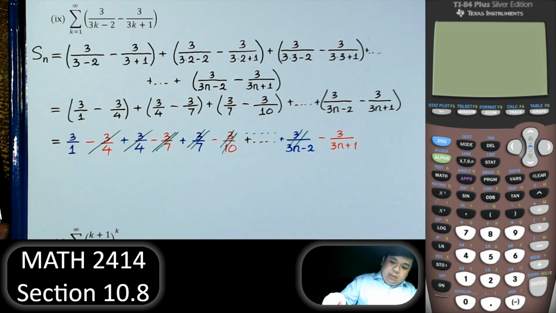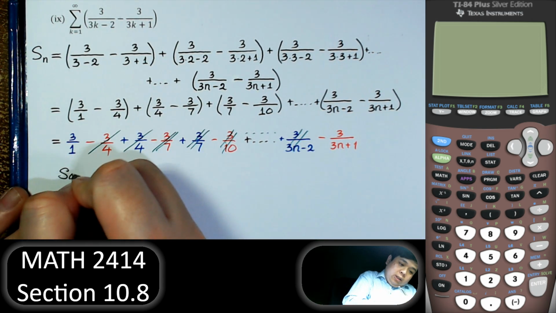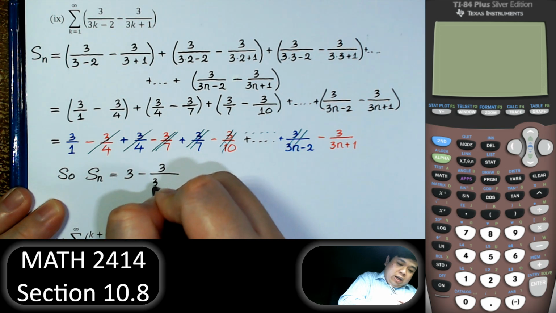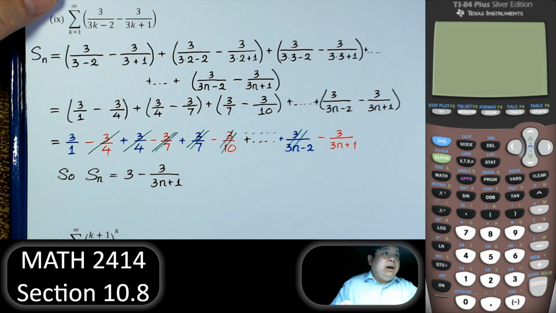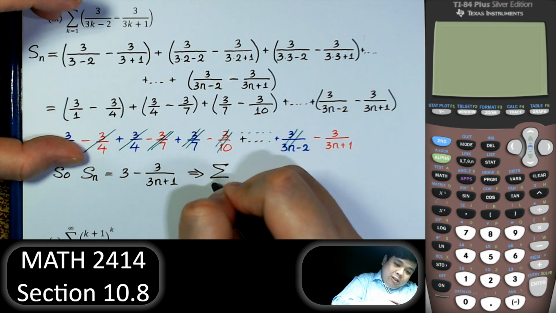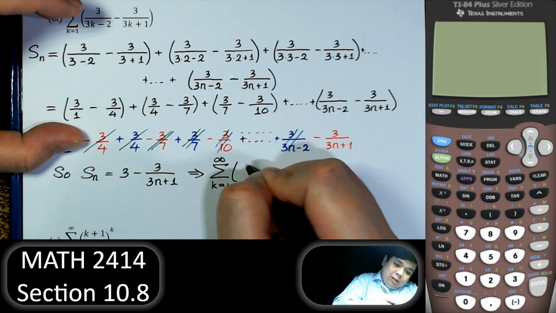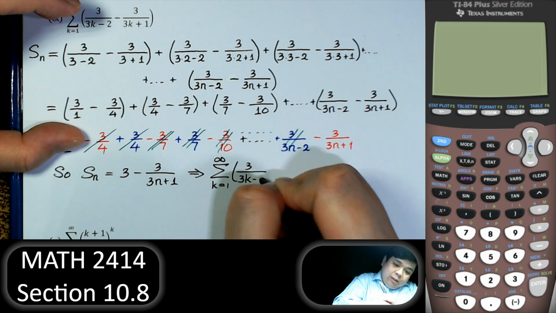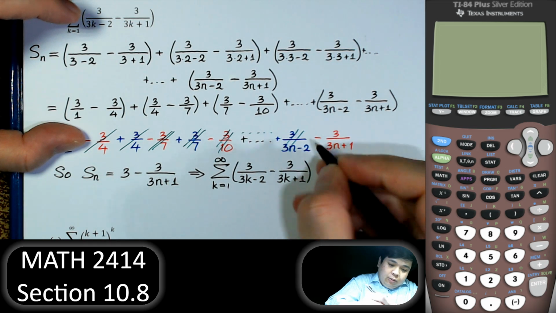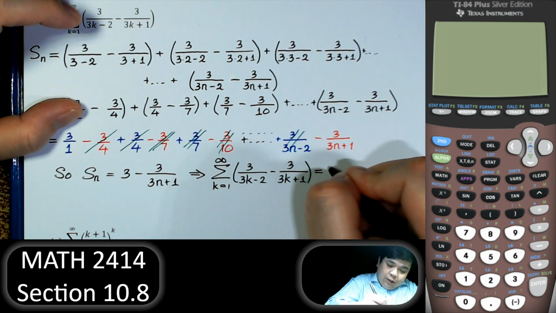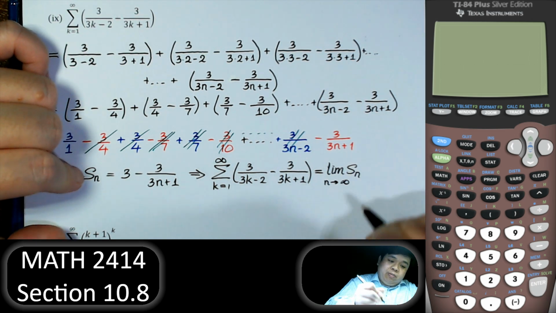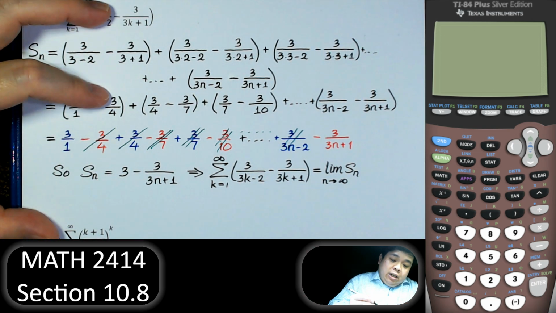So we say S of n equals 3 minus 3 over 3n plus 1. So that is the partial sum. Now if we want the whole series, it will be equal to the limit of S of n as n goes to infinity. So just take this limit to infinity, and that will be easy.